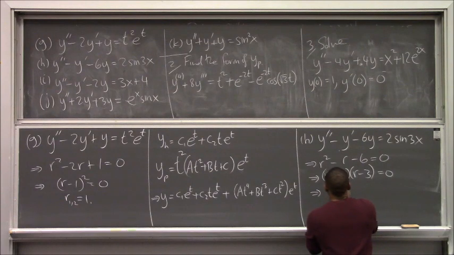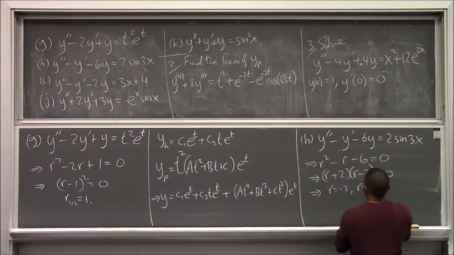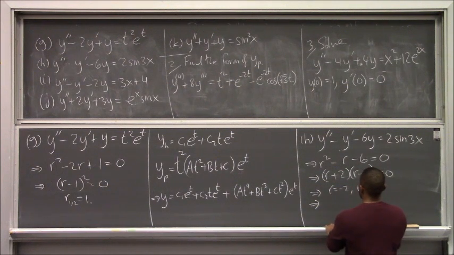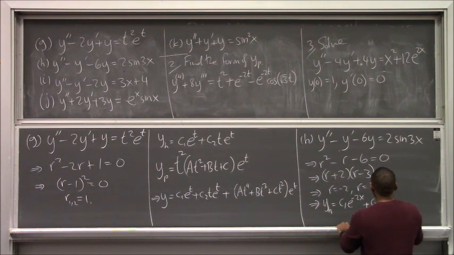So R is going to be minus 2, and R is going to be 3. This means y homogeneous is equal to C1 e to the minus 2x plus C2 e to the 3x.